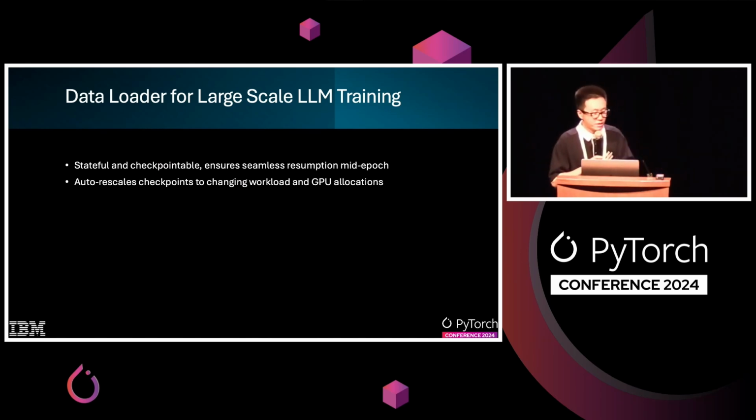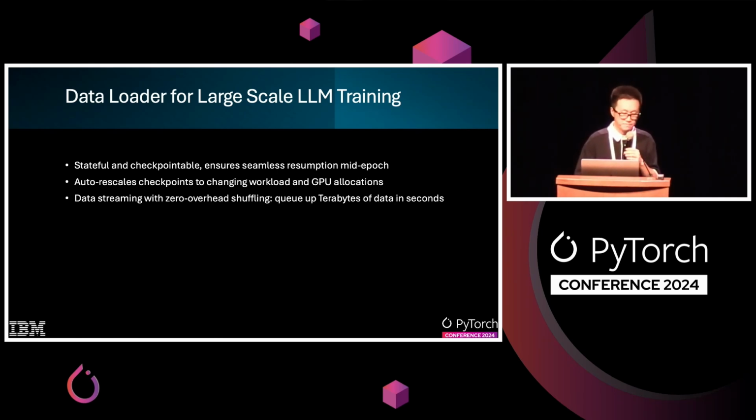We also want the data loader to be auto-rescalable. Training could easily take weeks or months, and there are tons of reasons that you might have to rescale your workload in the middle. So being able to rescale is also important. And of course, we want data streaming. We want little to zero overhead for shuffling. I will talk a little bit on this in just a minute.